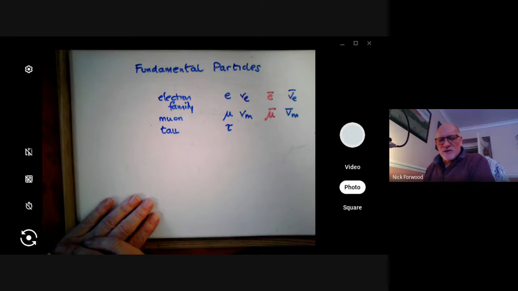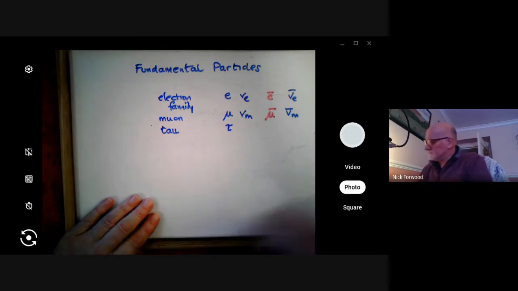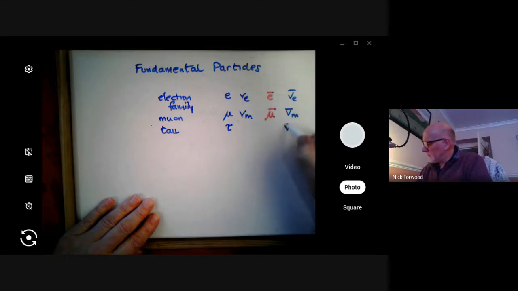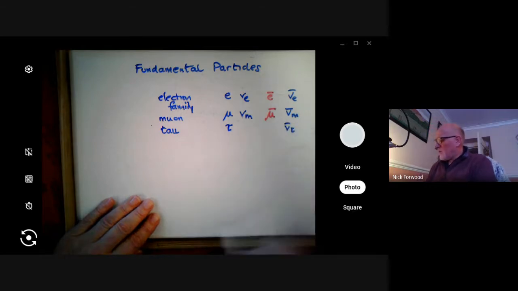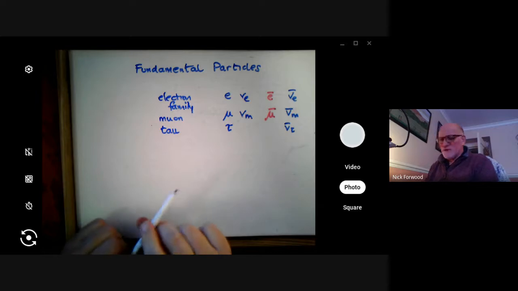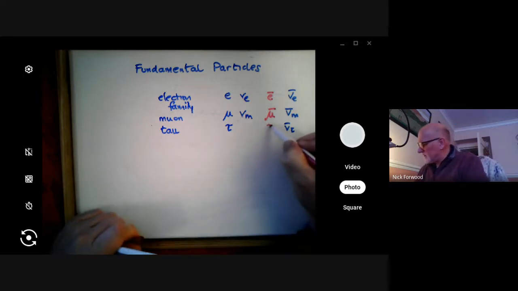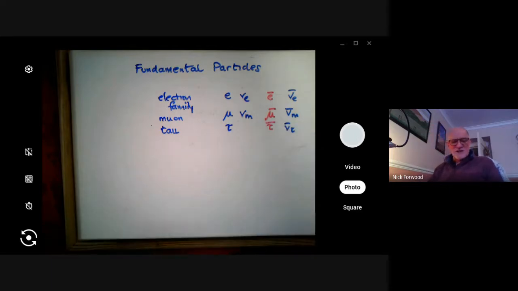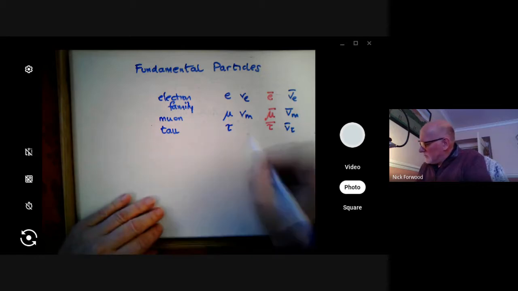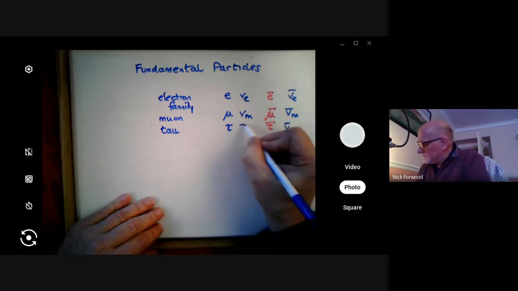Once again, we get the anti-tau neutrino, and we have the antiparticle version of the tau, which is called an anti-tau. And in its production and decay, we get the tau neutrino as well.